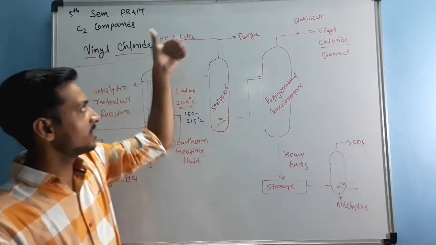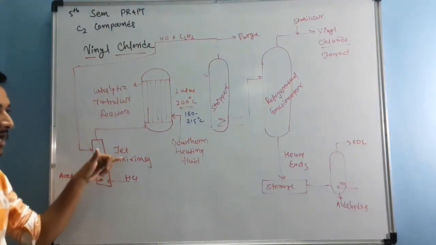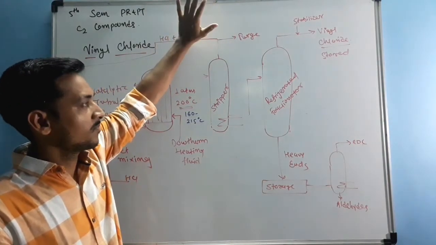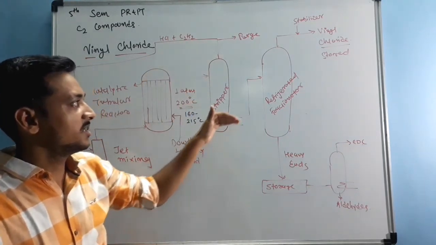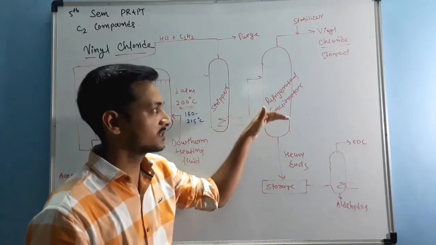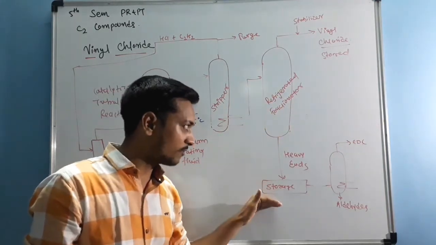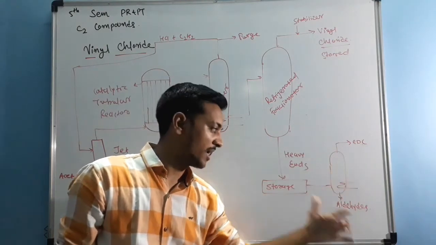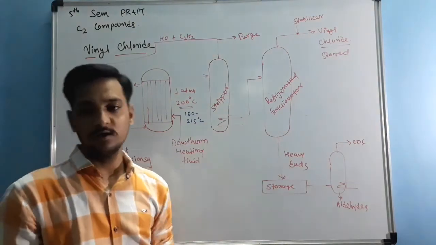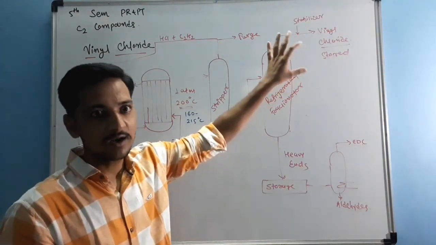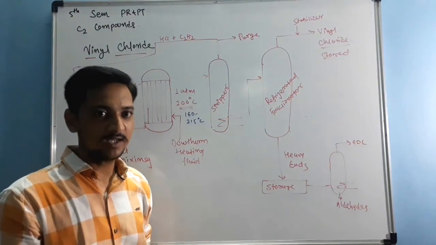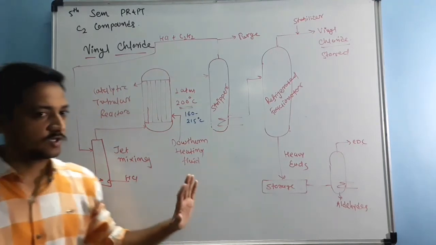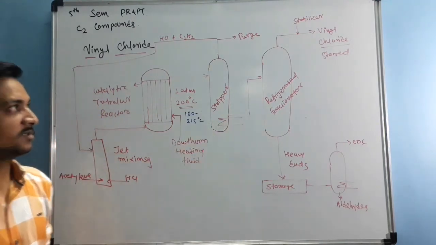From here unconverted gases are recycled back to jet mixing and purged gases are removed from the top. After that it is refrigerated and sent to a refrigerated fractionator, where from the bottom heavy ends like ethylene dichloride and aldehydes are removed, and from the top our product vinyl chloride is removed with some stabilizer. So this is the basic flow sheet of vinyl chloride. This is our product.